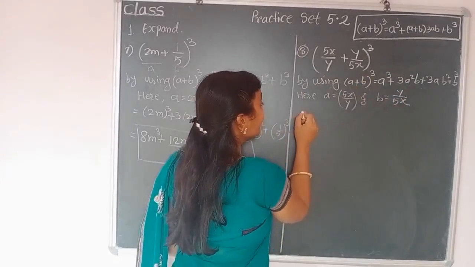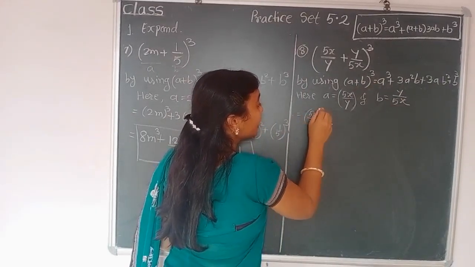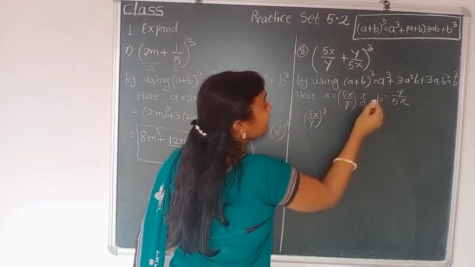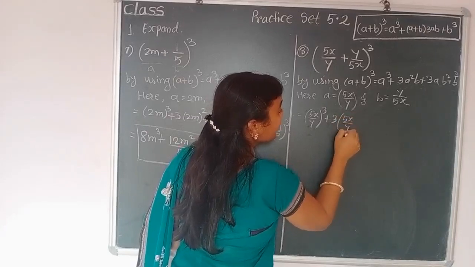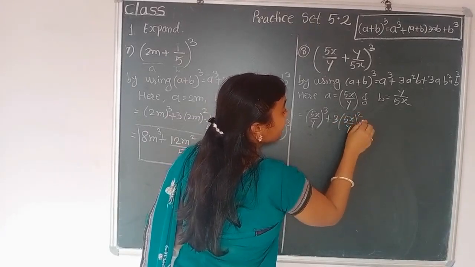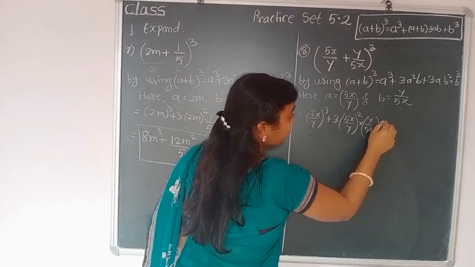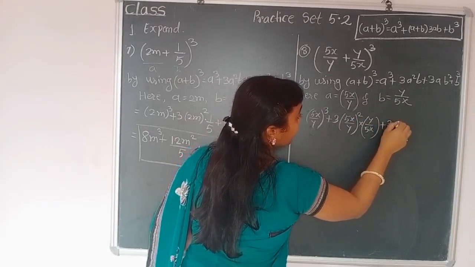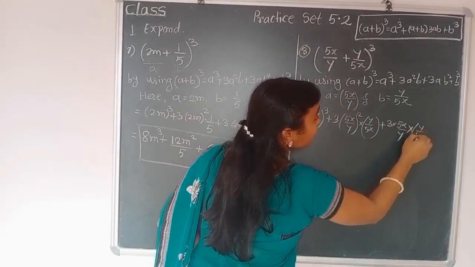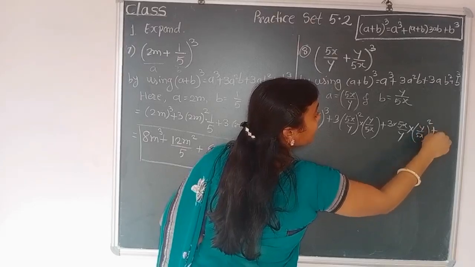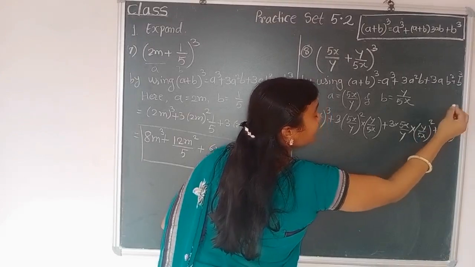Put the values in our formula. a cube, (5x upon y) bracket cube, plus 3 a square means (5x upon y) square into b, y upon 5x, plus 3 into a, 5x upon y, into (y upon 5x) bracket square, plus (y upon 5x) bracket cube.